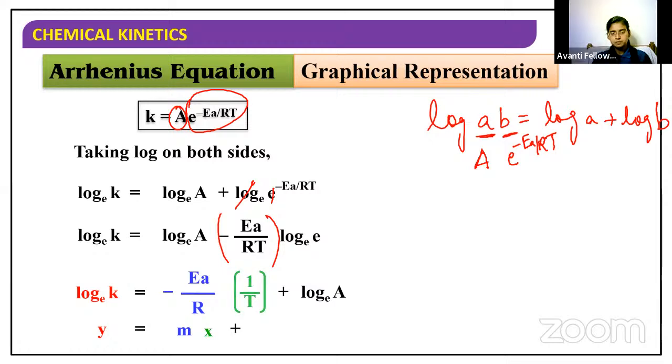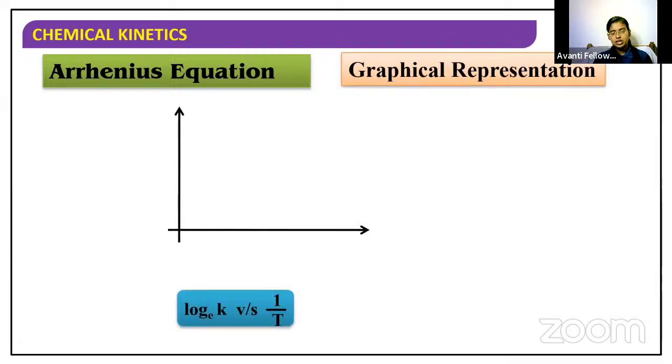Plus c is the intercept, which is nothing but log A. So the last equation, after taking the logarithm on both sides, is of the format of a straight line equation. So what I can do with this equation is draw a graph. The x-axis is taken as 1 by T, and the y-axis is taken as log k to the base e. So I am drawing the log k versus 1 by T graph.